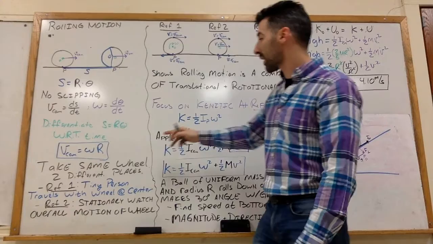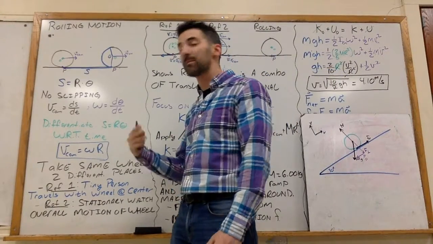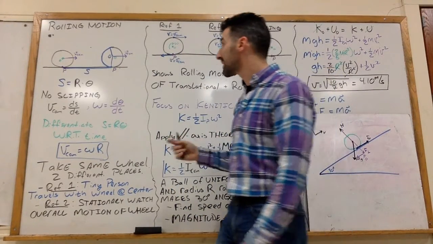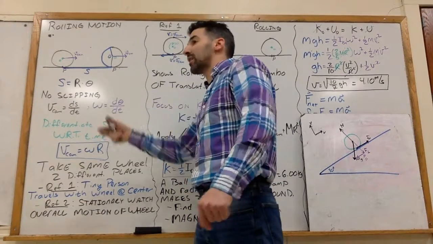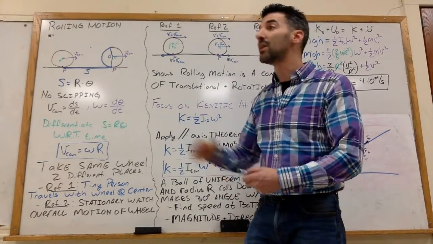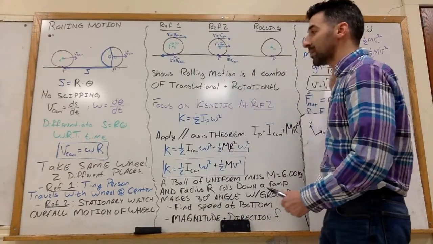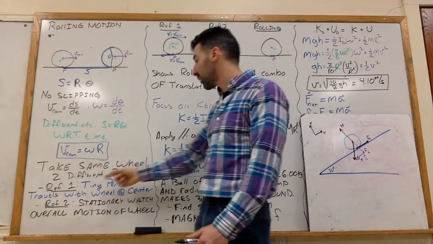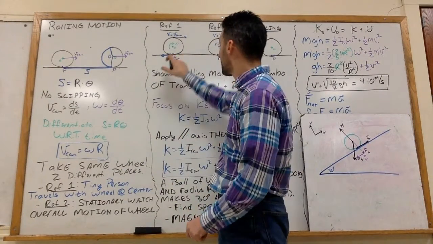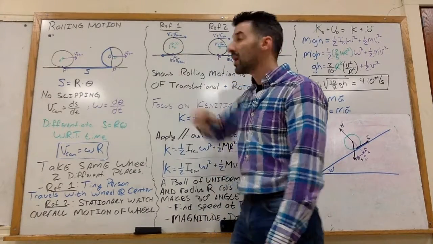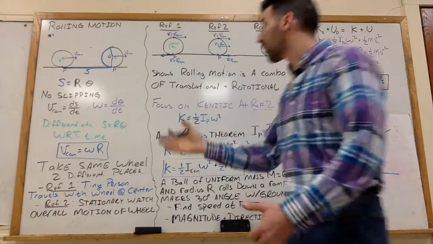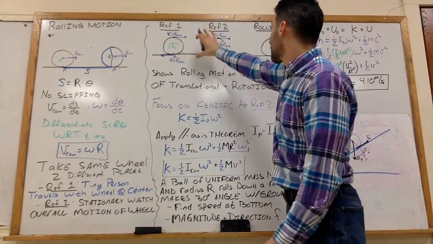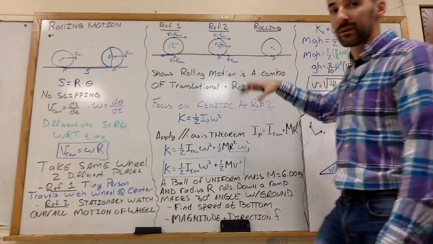Now we're going to take the same wheel and look at it from two different reference points. Instead of just rotating about a stationary axis, we're going to now put that wheel in motion. Our first reference point is a tiny little person that we put right at the center of our wheel. Our second reference point is if I'm standing way far away, just looking at the whole motion of the wheel.